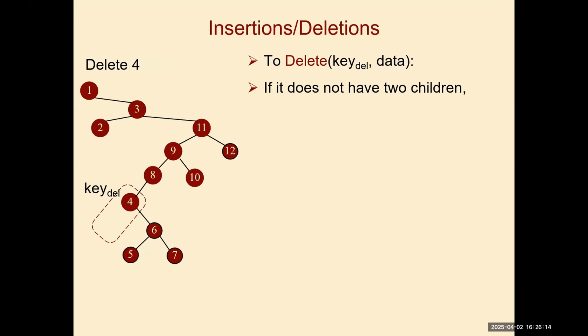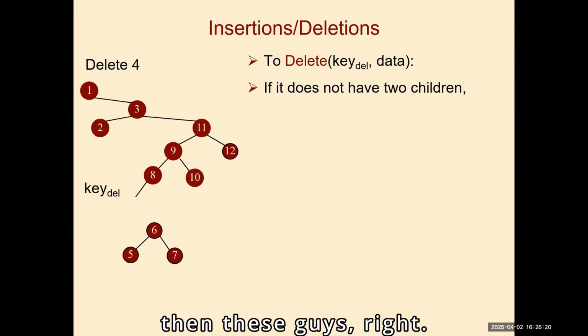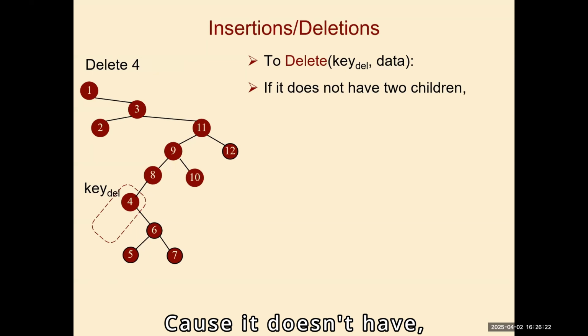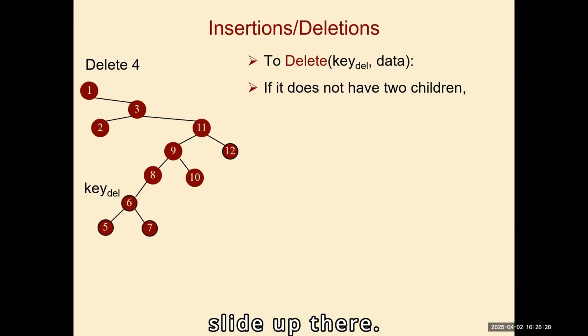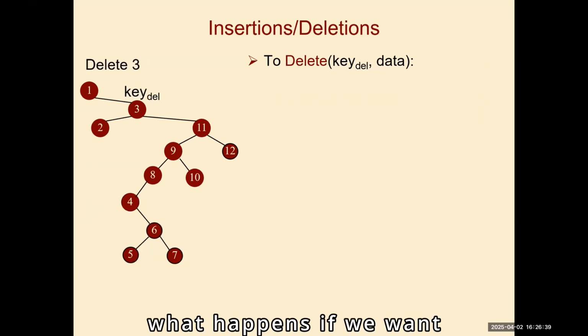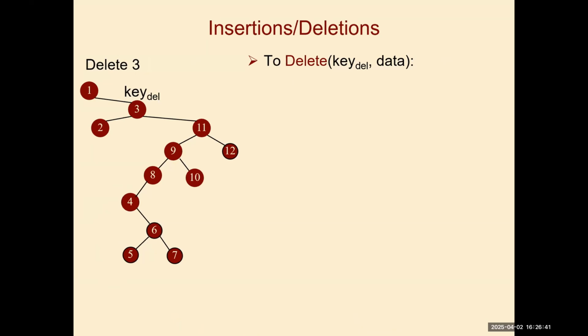So if we delete the 4, because it doesn't have 2 children, it only leaves us with 1, and that 1 can slide up there. Why can it slide up there? Because they're all less than 8. Everybody get that?